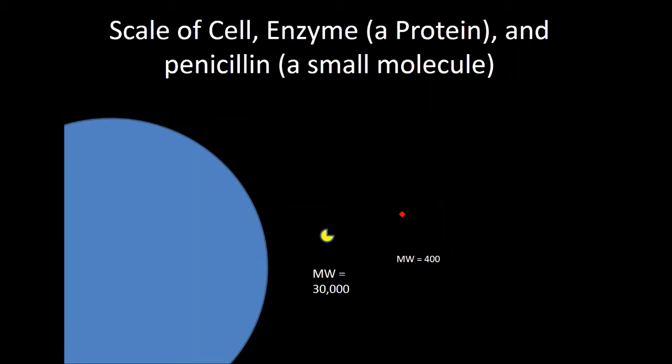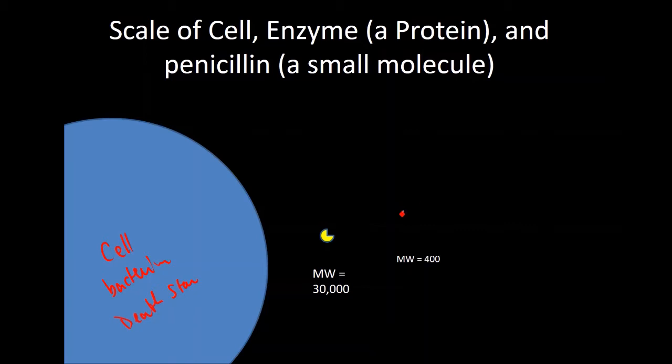Here's a cartoon that may help you understand the scale of the cell. Here's the cell. This is the evil bacterium. It's our Death Star. So it's big. That's no moon, but it's big.